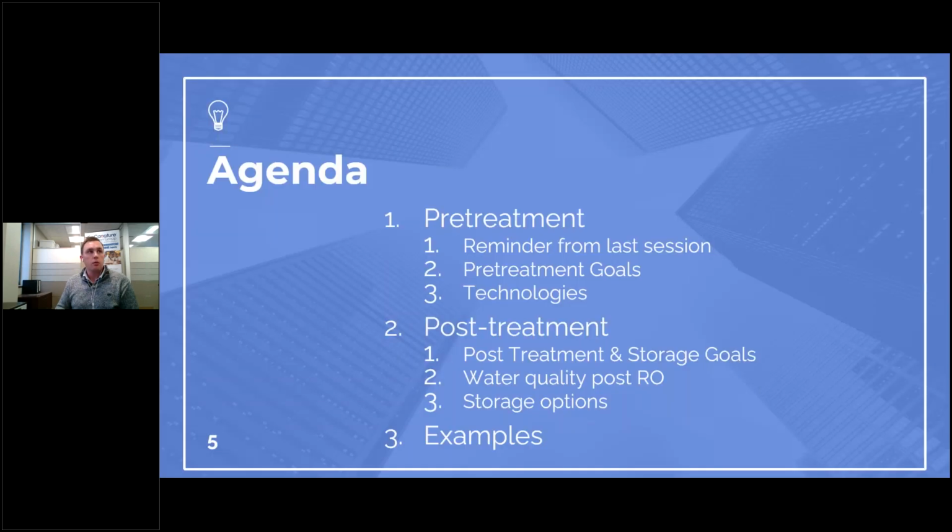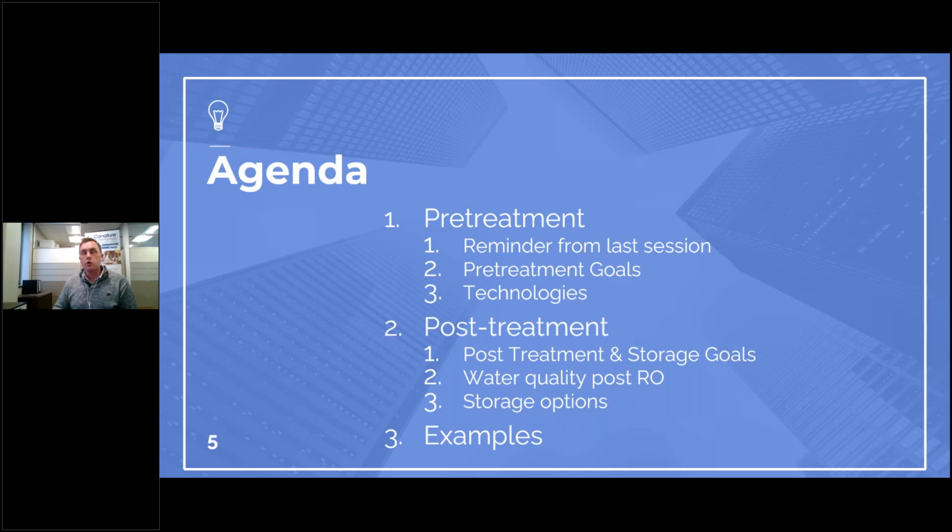So now that the formalities are out of the way, we can get into the meat of the presentation. What we're actually going to be covering today is pre-treatment and post-treatment and storage for RO water. Reverse osmosis systems are very useful and have become more and more useful as time's gone on, with their costs coming down, but there are a few things that you want to be aware of. We're going to do a couple of reminders from the last session that play into today.